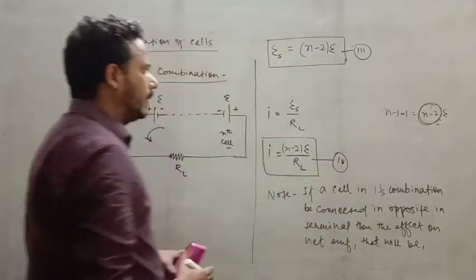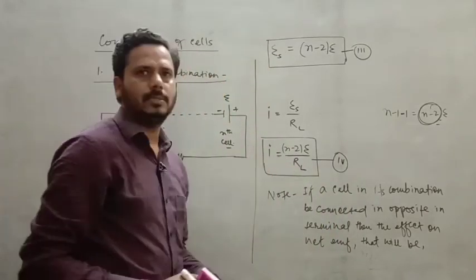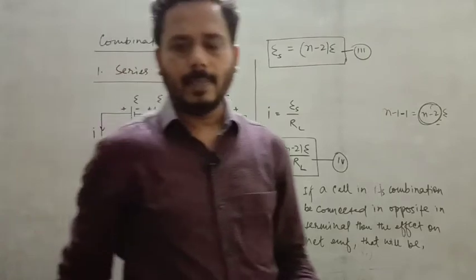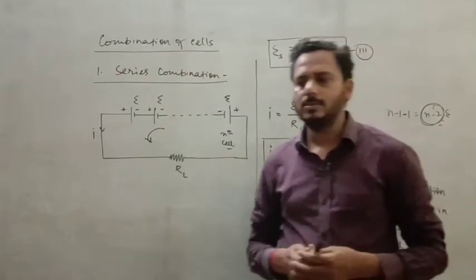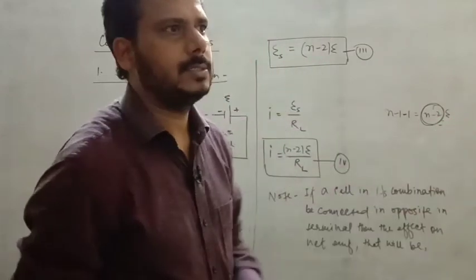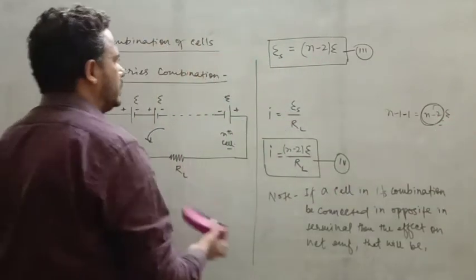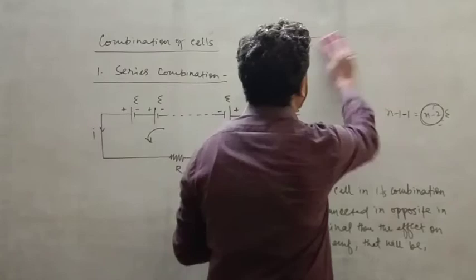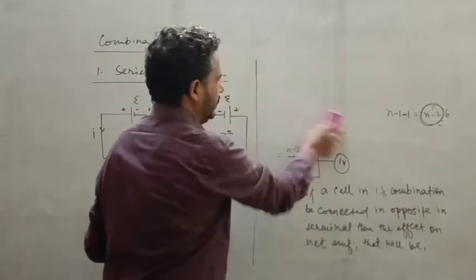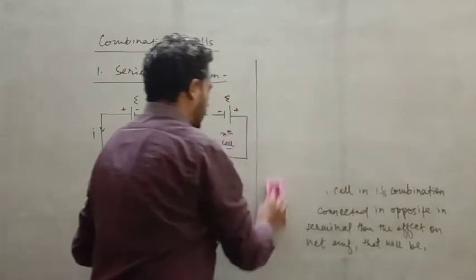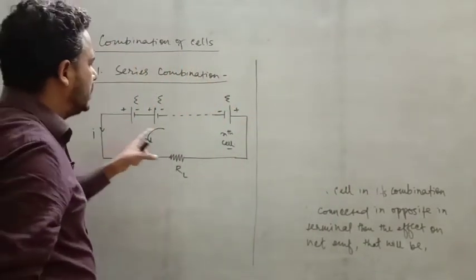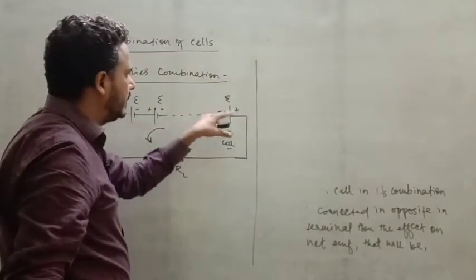Okay. So this is your result. Now here I am going to take an example, a question based on this concept. Suppose that instead of nth, this one is the nth cell.